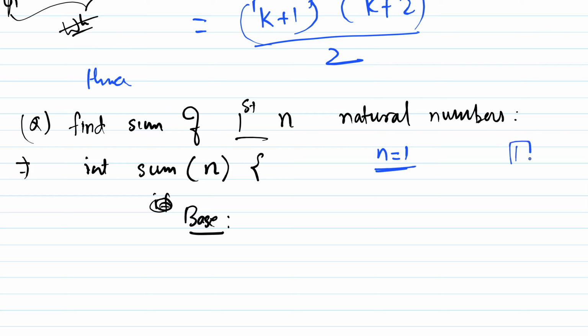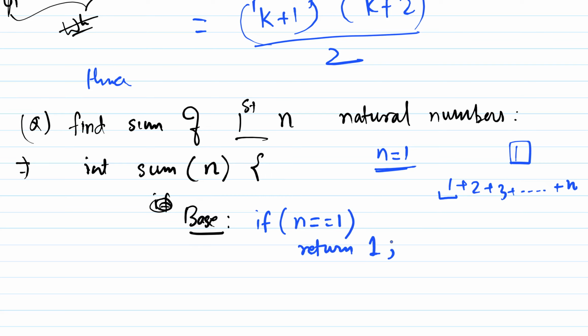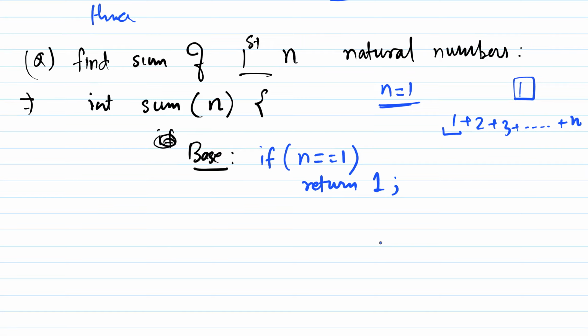The sum will be just 1. So if n is 1, clearly the sum is 1. We will write accordingly here: if n equal to 1, return 1. So we have completed the base case and the easier part.